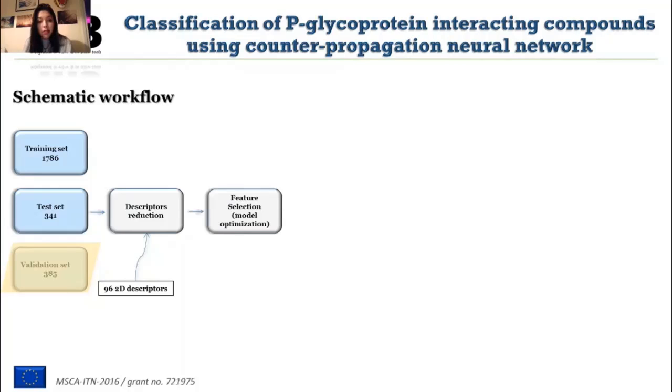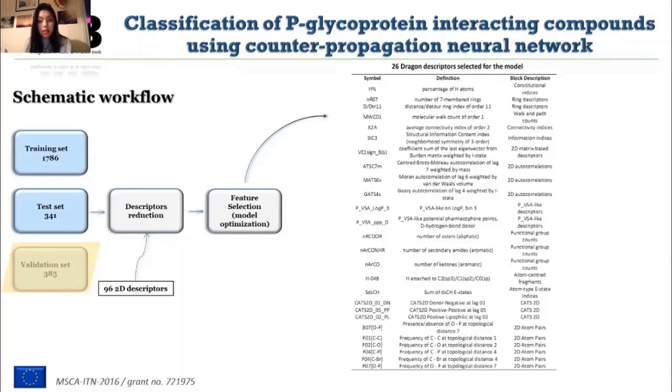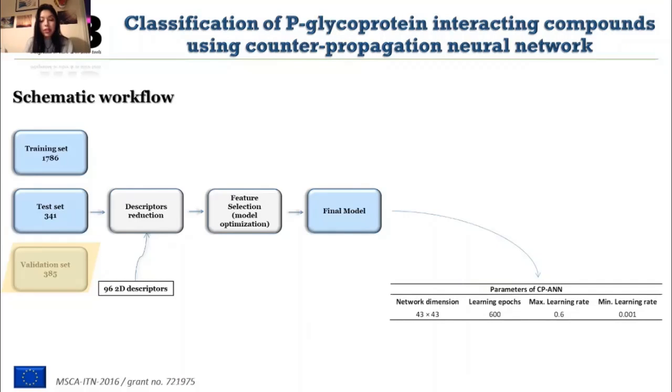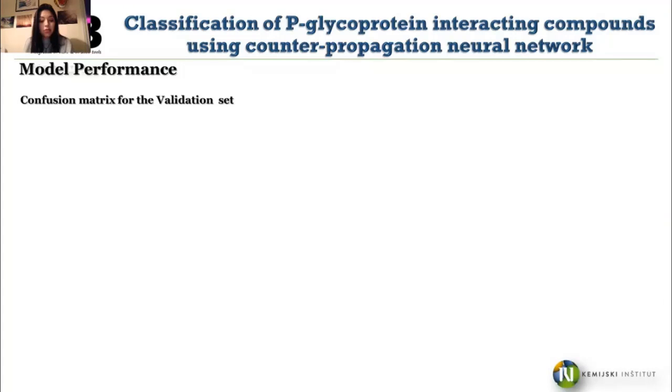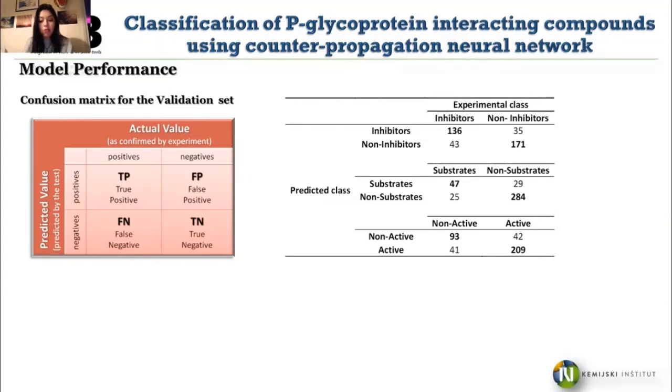After this step, the feature selection was performed on the final set of 96 descriptors using the genetic algorithm coupled with counterpropagation artificial neural networks. So these are the final list of descriptors selected for the model, and these are the parameters of the network for the final model. So for the evaluation of the model performance, we used a confusion matrix.